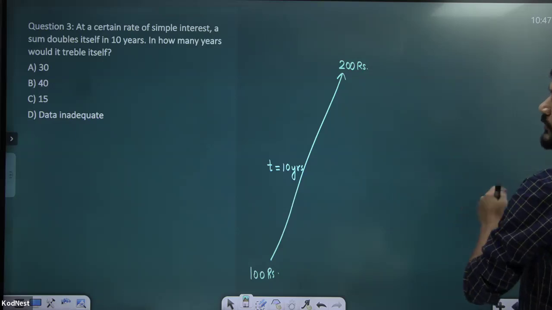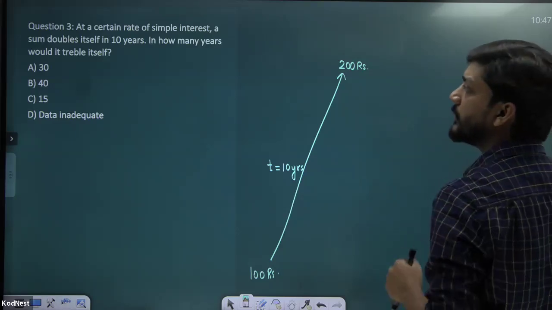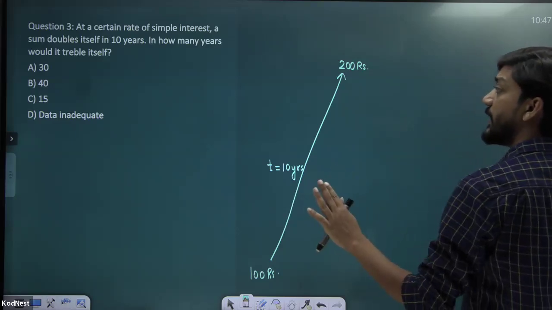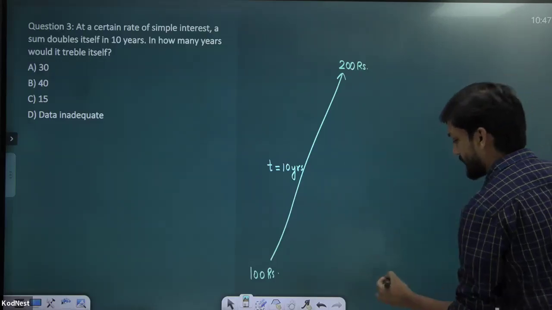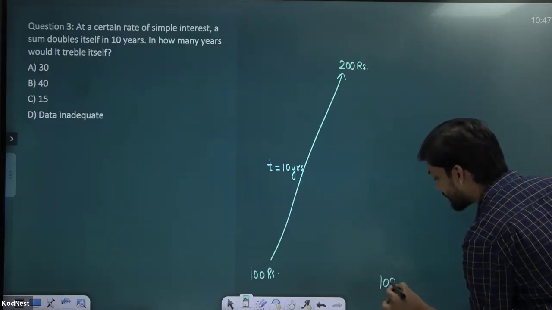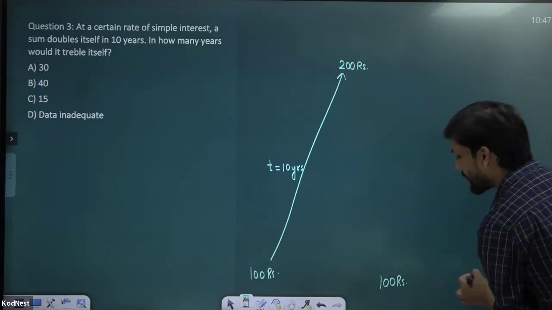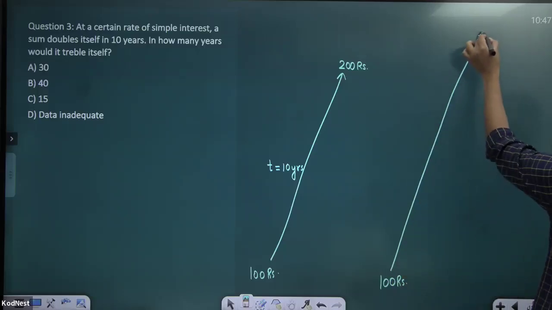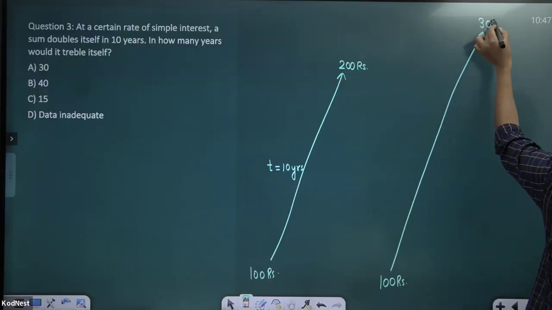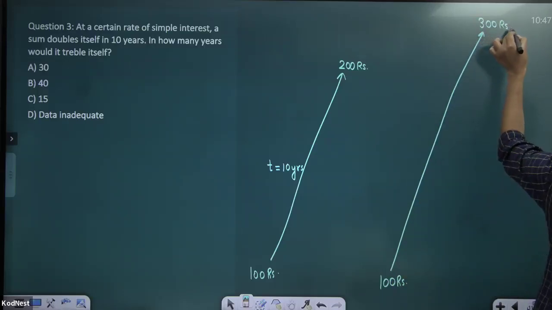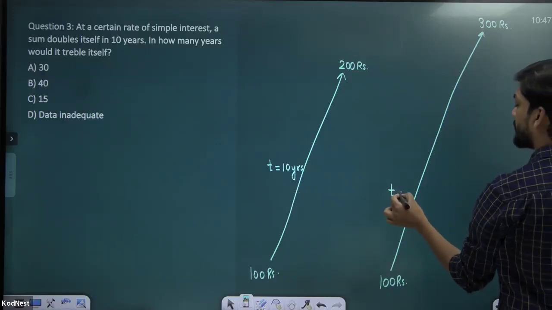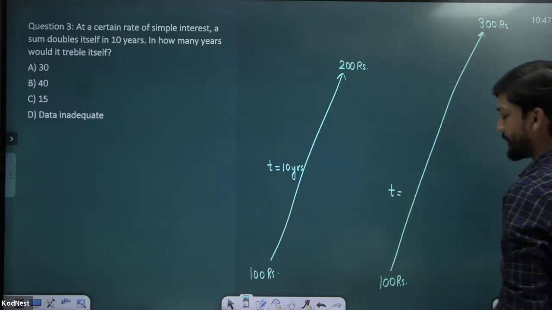All right, next one. In how many years would it treble? Treble means 3 times. So the same amount, it will become treble. That means 300 rupees in how much time? Okay, that is the question.